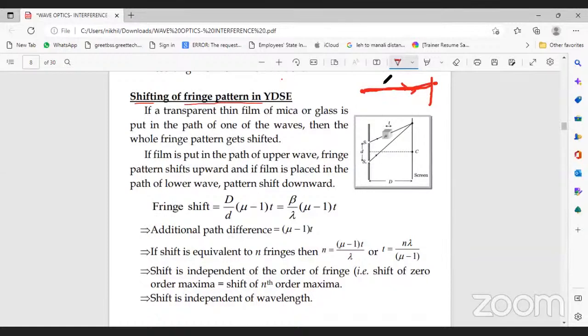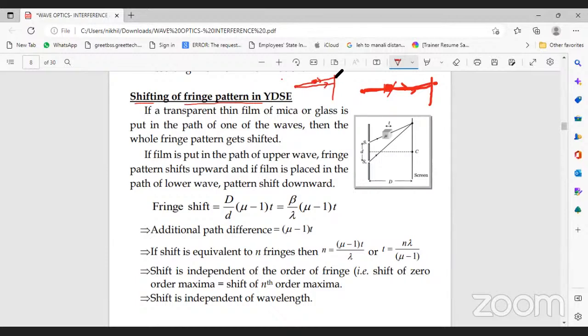Suppose in front of one of the rays, if I place some slab, Ajay, the ray which has entered this slab will slow down. Correct, no? Yes, sir. If this is one ray and this is the second ray, and I place a slab over here, the speed will decrease.